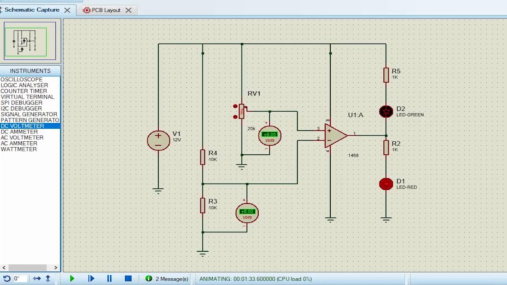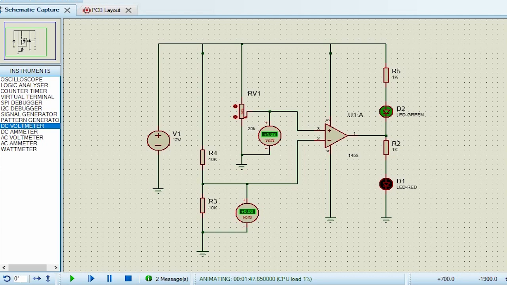Now let's make the change. Now we have 1.68 volts. If we lower the voltage at the non-inverting input, at the inverting input we have the same 6 volts, and at the non-inverting input we have 1.68 volts.